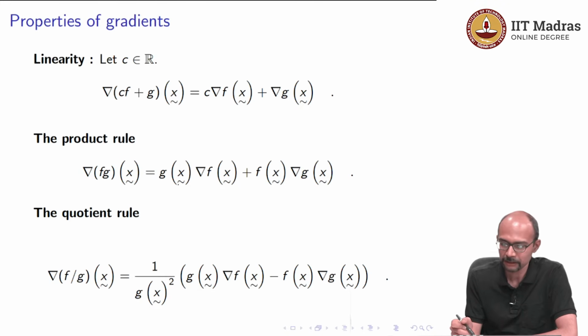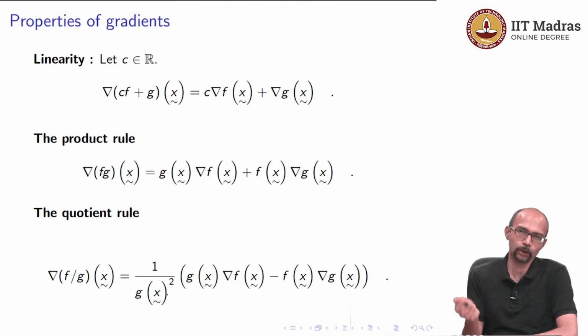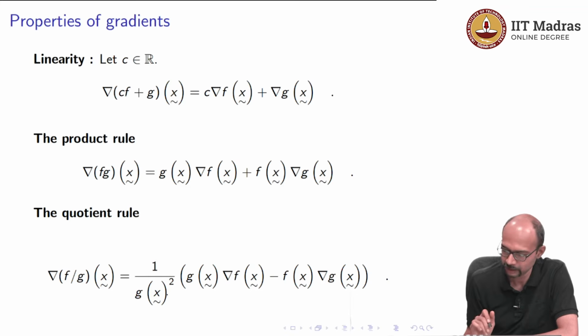Derivative of f g is g times derivative of f plus f times derivative of g, and derivative of f by g is 1 by g squared times g f prime minus f g prime. And of course, when we did one variable calculus, I wrote the f prime first and the g next. The reason I have written it like this here is because here we have vectors, so I always write the scalar first. This is just convention, there is nothing deep in this.